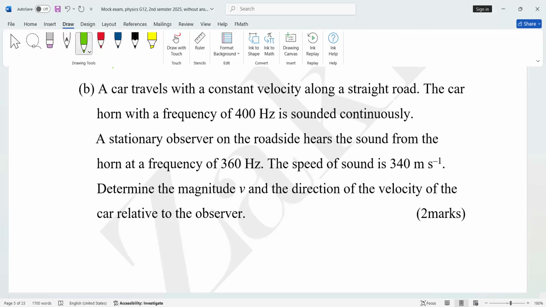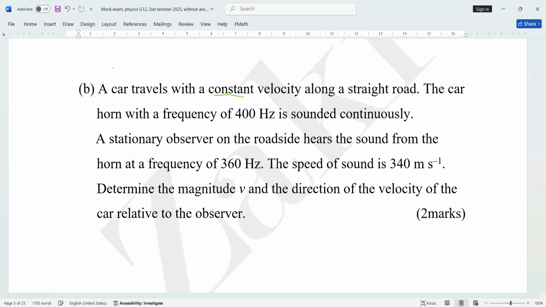Okay, here. A car travels with constant velocity along a straight route. The car horn with frequency, so this is Fs, the frequency of source, it's 400 hertz, is sounded continuously. A stationary observer, of course, in all our syllabus, the observer is stationary, on the road side, hears the sound from the horn at frequency, so this is the frequency detected by observer, F naught.